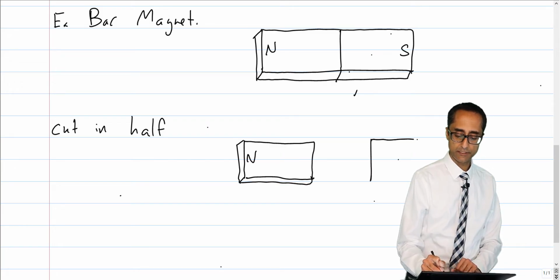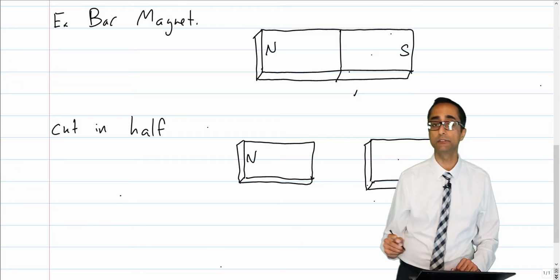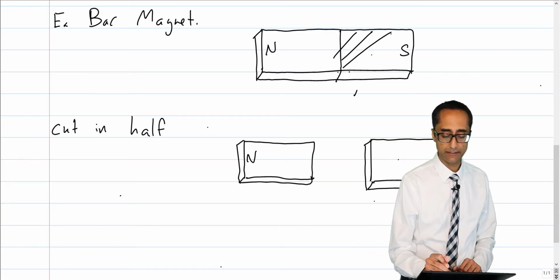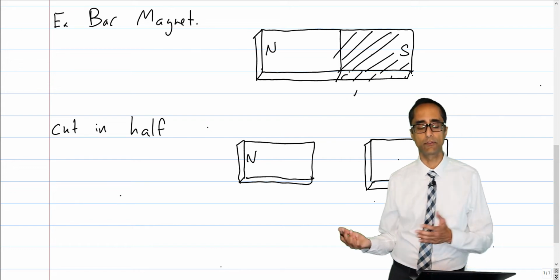And so what we've done is separated these, correct? Well, no. In fact, what you've done is you've basically created two smaller magnets, because what is going to fundamentally happen, let me color this side in. Oftentimes you'll see these bar magnets, they'll be red on one side and white on the other.